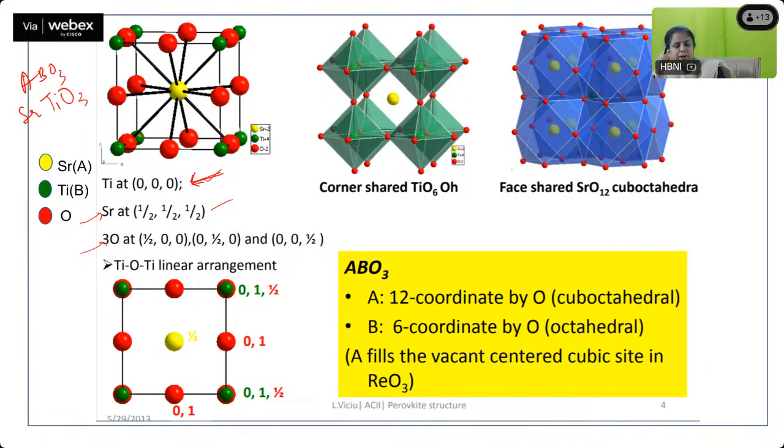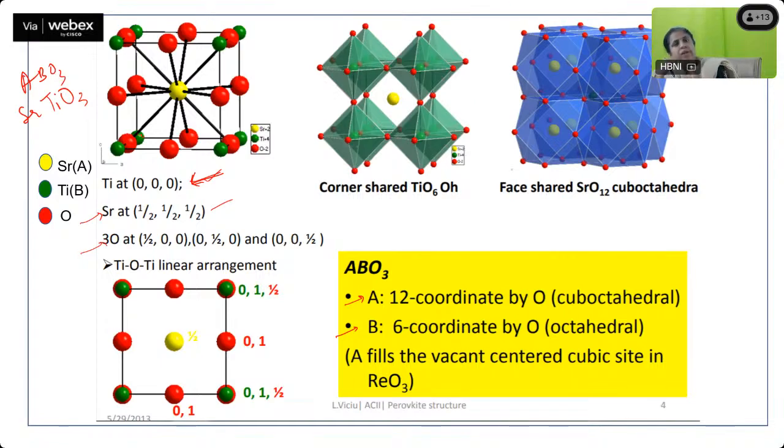What are the coordination numbers? Let's work on that. Now, the coordination number of B, let's first talk about B. Simple. We said that this structure is actually made by BO6 octahedra. Now when you have more than 2 ions, we were talking about AB, AB2, there were only 2 ions. Now there are 3 ions.